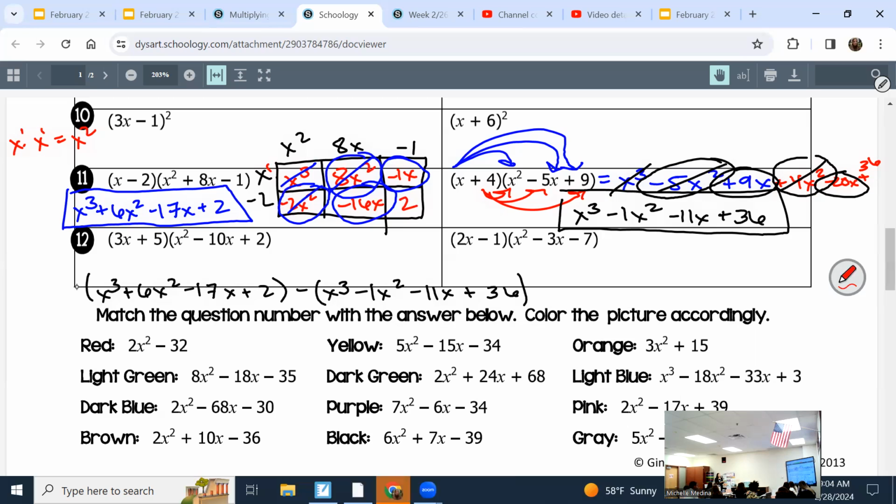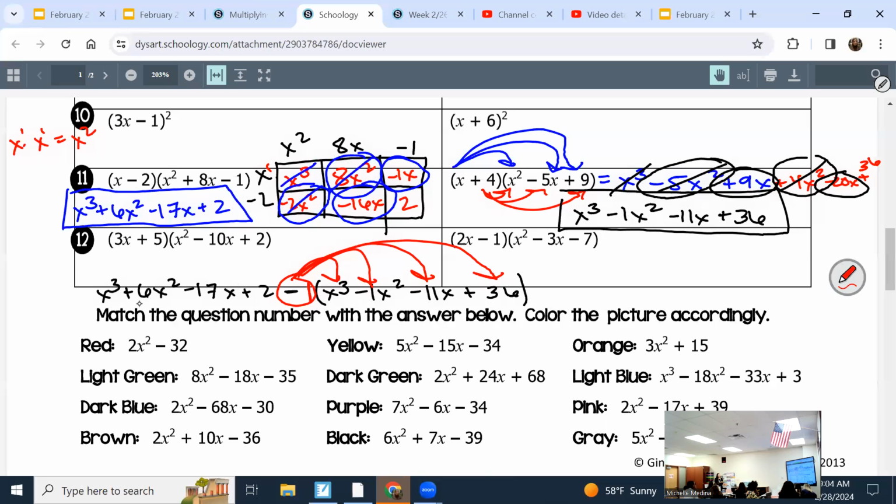Distributing a positive 1 doesn't change anything, right? So this first polynomial is gonna look the same after distributing that 1. But over here, I have a negative 1 outside this parenthesis. When I distribute a negative 1 to everything inside, it changes all of the signs.